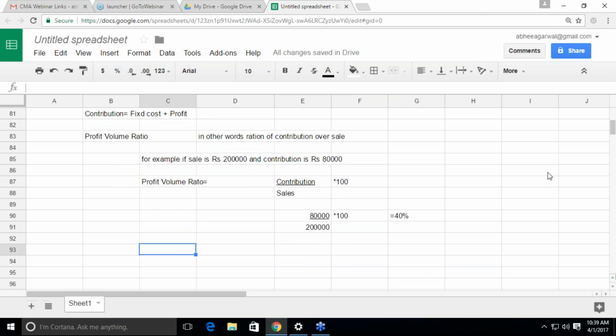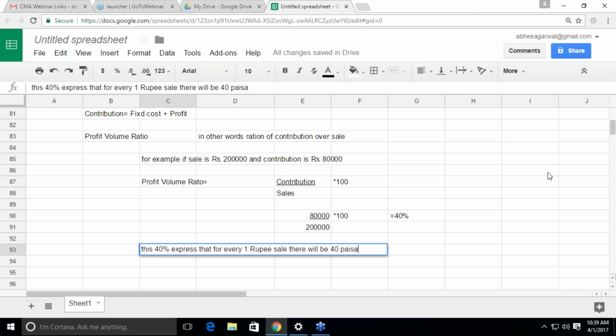And what does this 40% show? This 40% expresses that for every 1 rupee of sale, there will be 40 paisa gross margin.